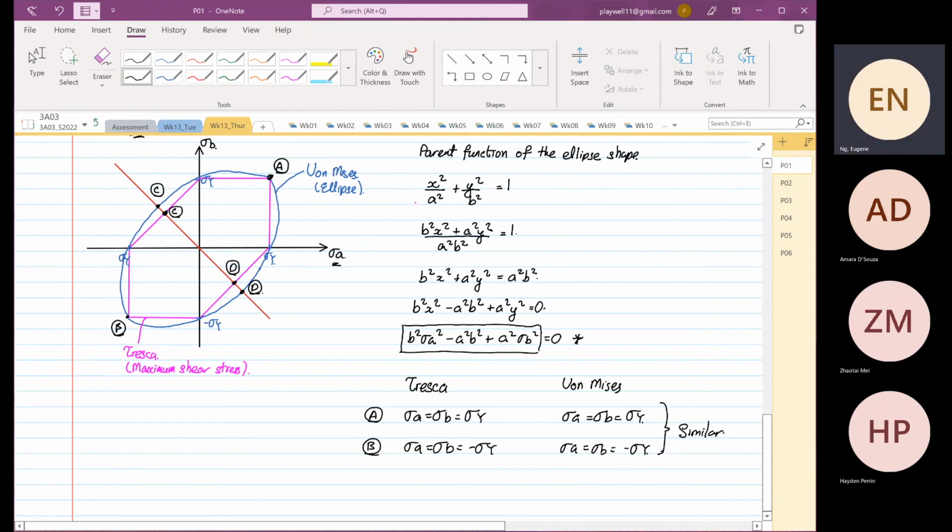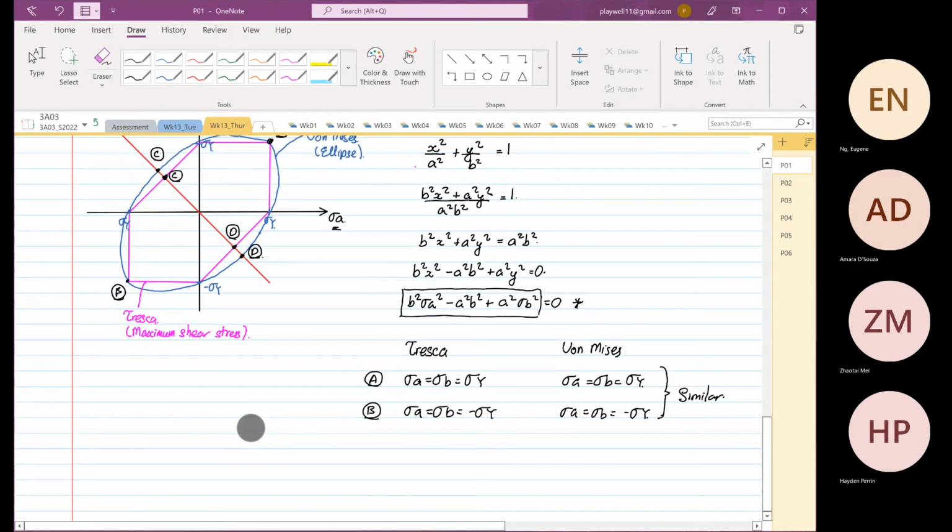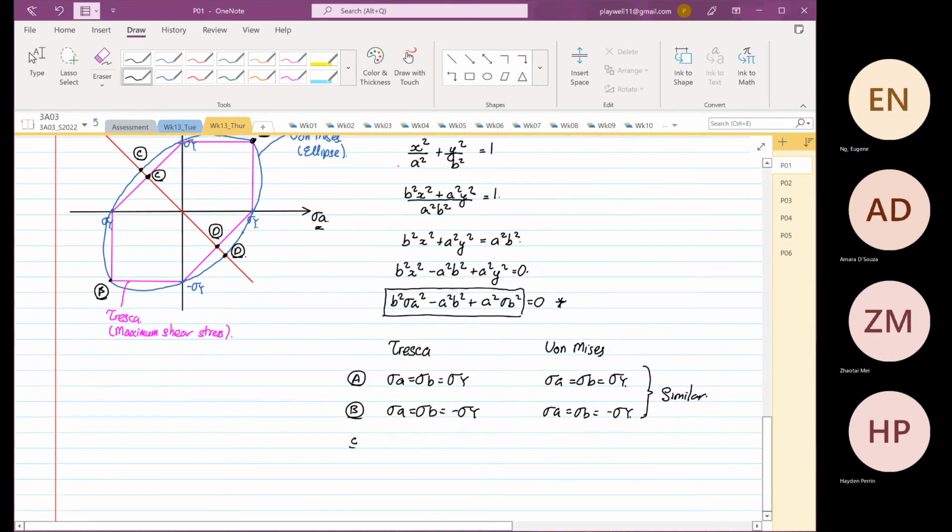But now I want to turn your attention to point C. So at point C, you have minus stress A is equal to stress B, and this will be equal to minus stress U. Oh, sorry, 0.5 stress U.